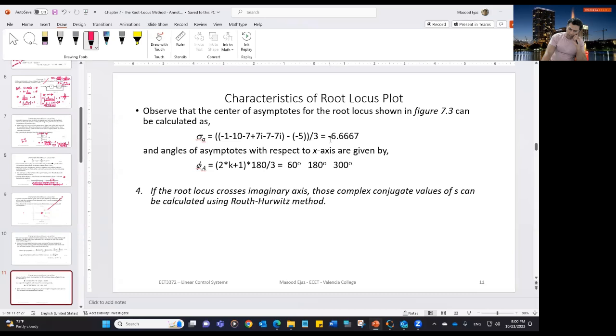So I have -6.667. And then the angle of asymptotes with respect to the x-axis is given by (2k plus 1) times 180 divided by n minus m. So 60 degrees, 180 degrees, 300 degrees, and so on.